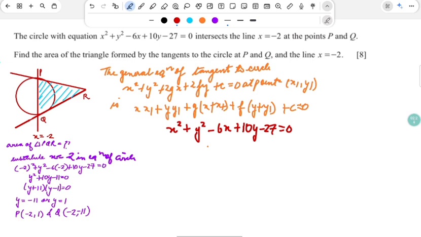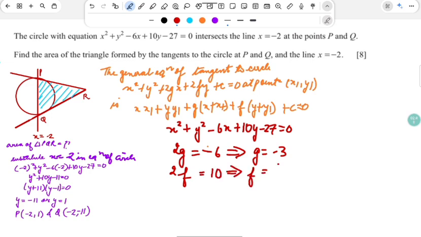Now for our circle, 2g = −6, which implies g = −3. And similarly 2f = 10, so f = 5. And the value of c is −27.